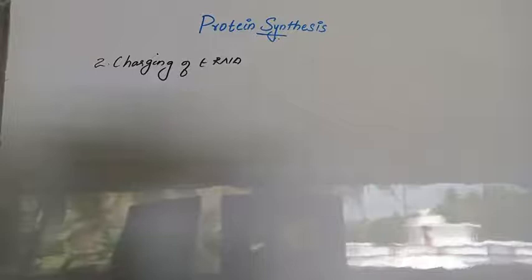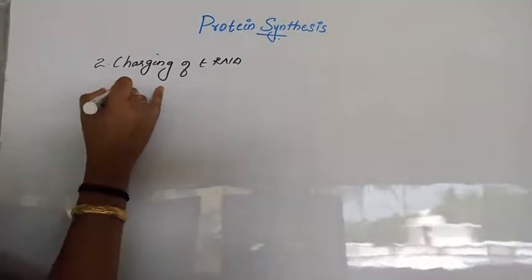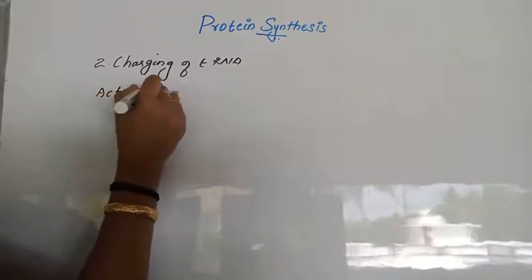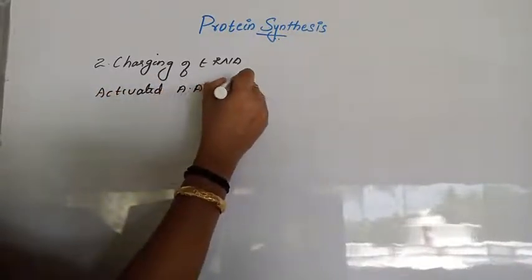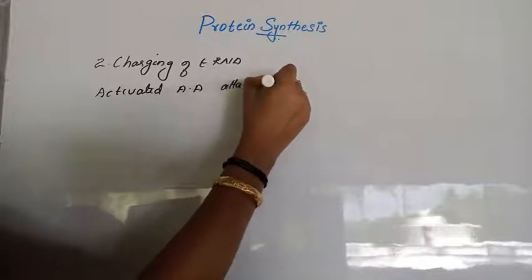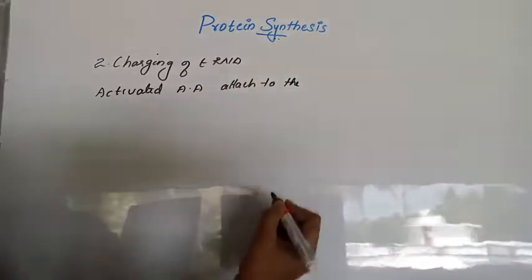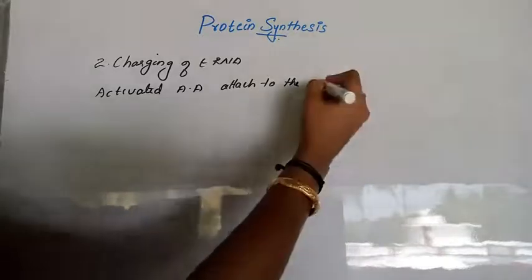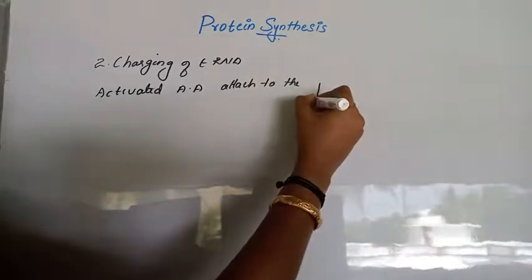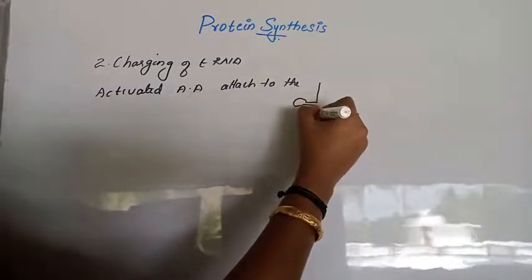Now, the amino acid attaches to the amino acid attachment site of its specific tRNA, and the AMP and enzyme are separated from it. So what happens when the activated amino acid attaches to the amino acid attachment site of the tRNA?